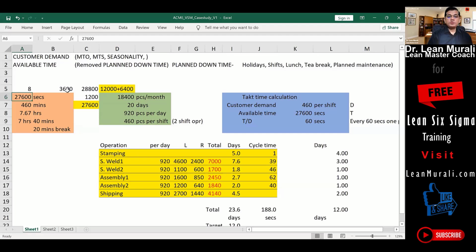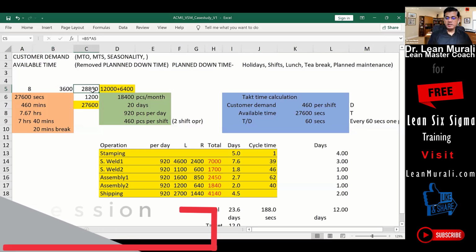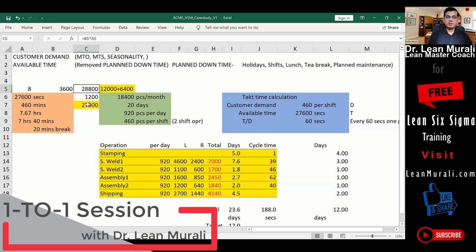And they said it's a 2-shift operation. So per shift, 8 hours into 3,600 is 28,800 seconds.